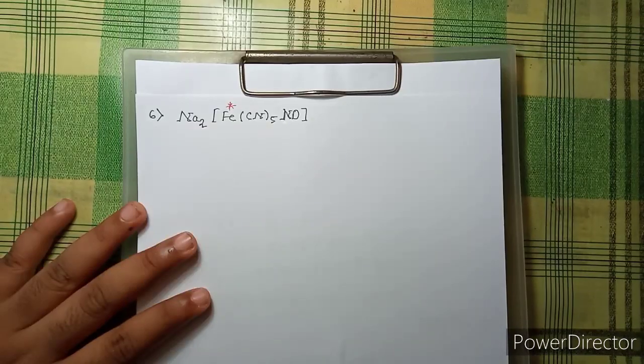Our next example is the sodium nitroprusside molecule, and here we have to calculate the oxidation number of the iron atom.